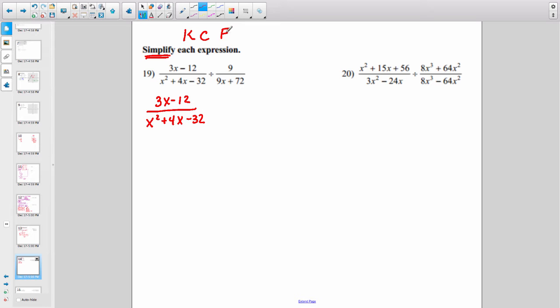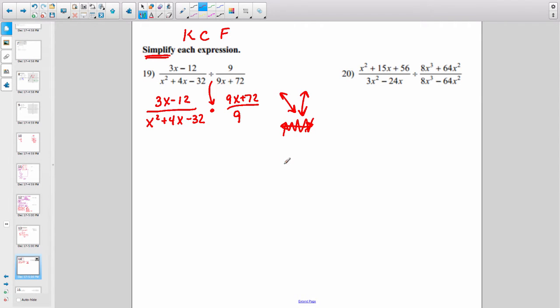Keep the first fraction, change the operation to multiplication, and then flip this thing over, just like I'm doing. Now, when you're multiplying fractions, you can cancel up and down. You could cancel crisscross. You just can't kill your neighbors. So this is a big no-no.